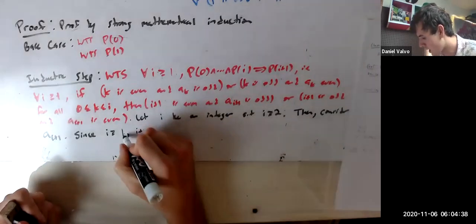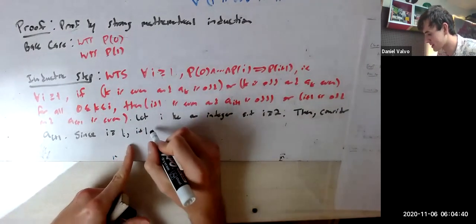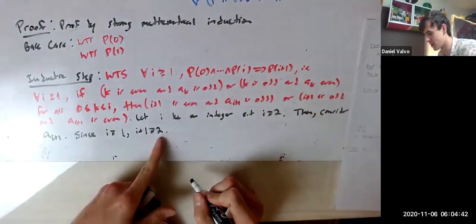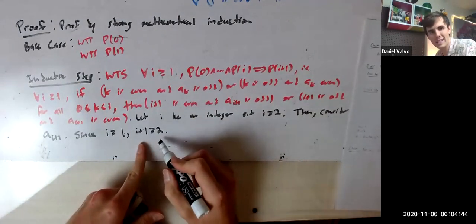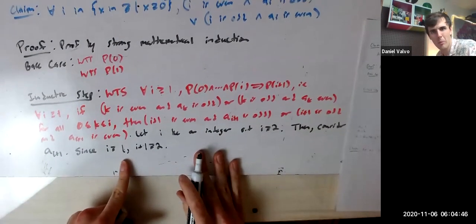Since i is greater than or equal to 1, i plus 1 is greater than or equal to 2. Why is that important?